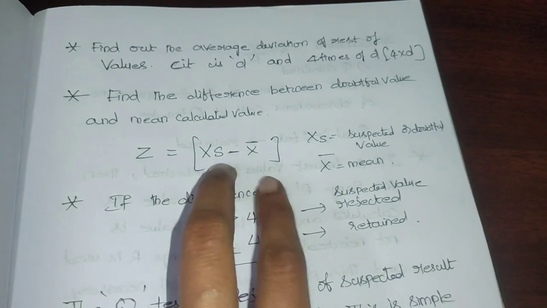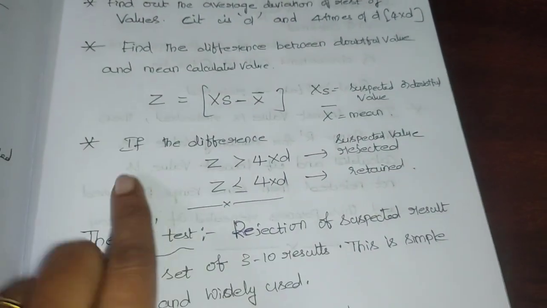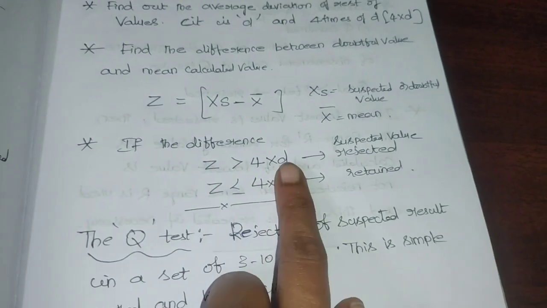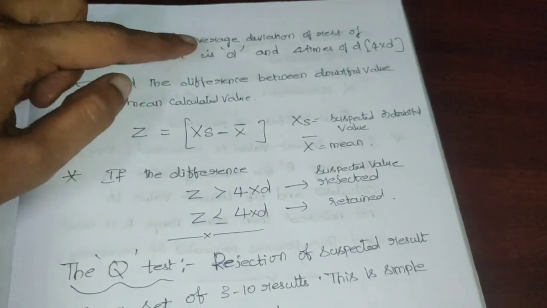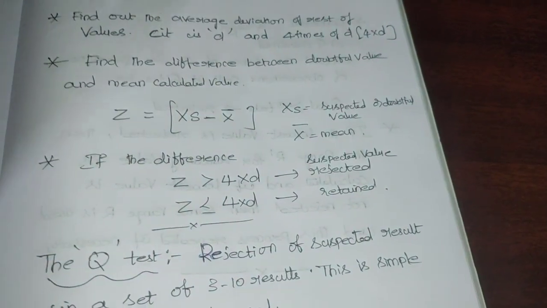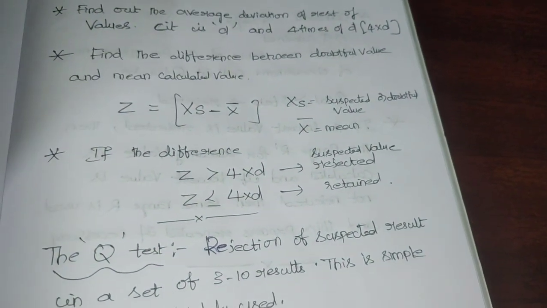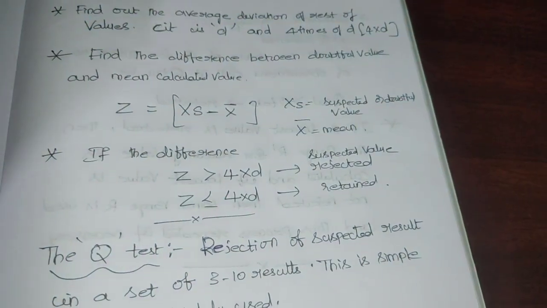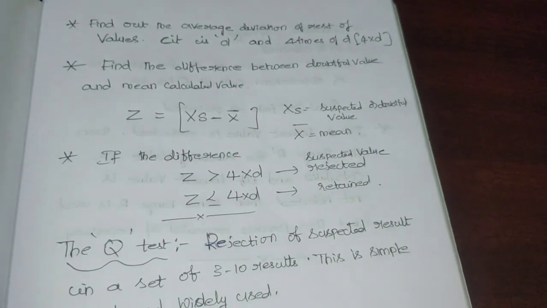If this difference, Z, is more than 4D, then the suspected value should be rejected. If it is less than or equal to 4D, then we can retain it. It is very simple.